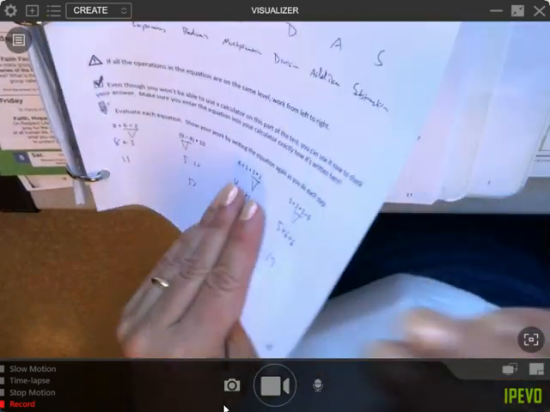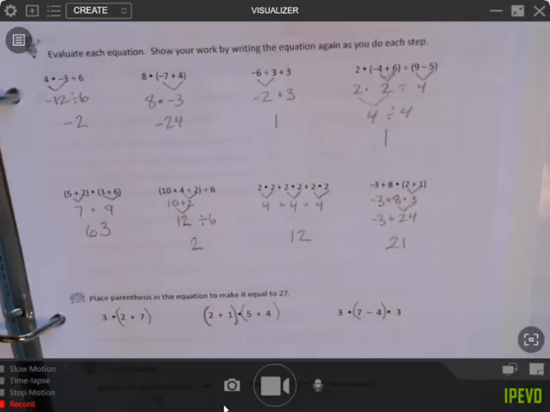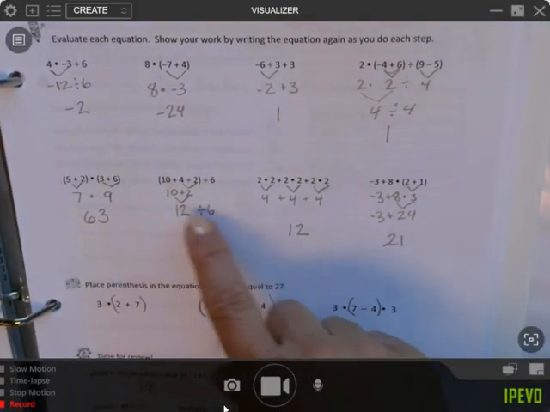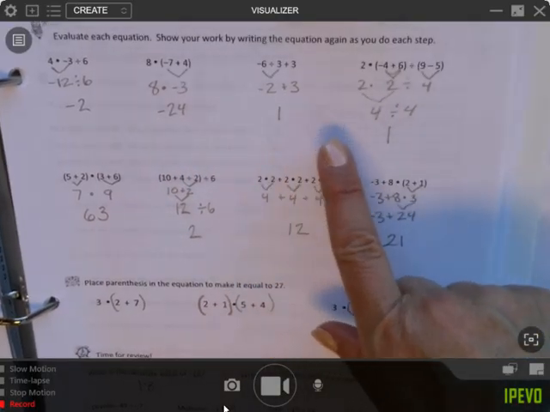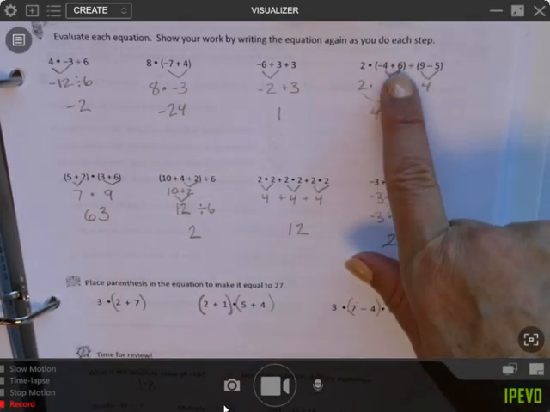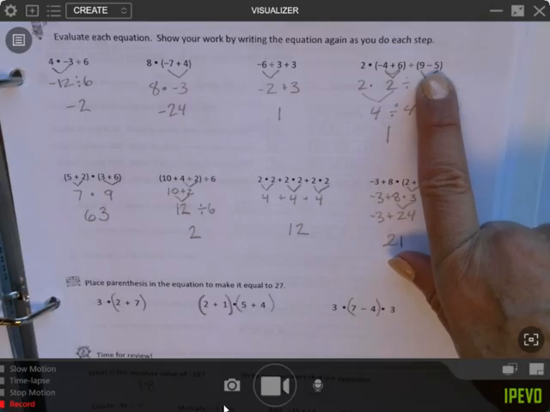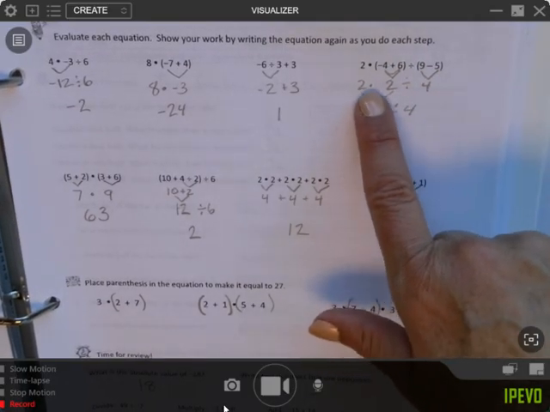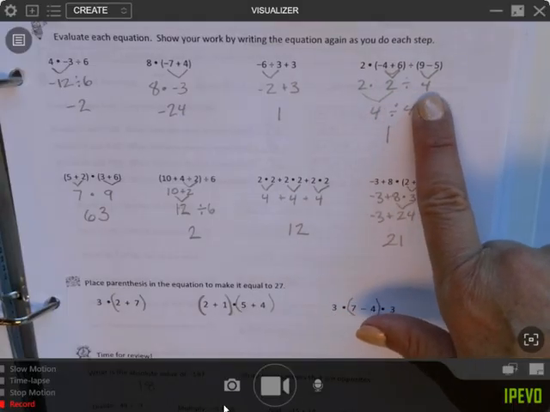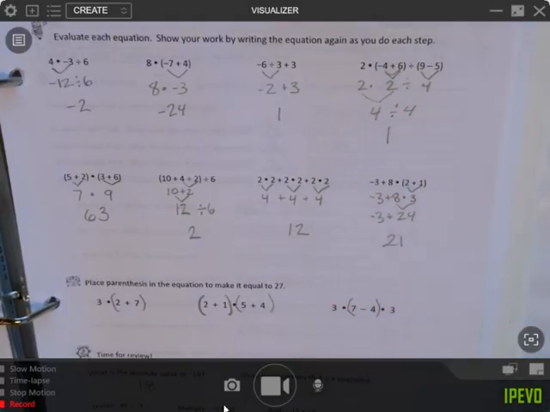All right, let's look at our second page. We have -2, -24, 1, and 1. We had to do inside our parentheses, then we bring everything down. So it was 2 times 2 divided by 4. Then we do that math.